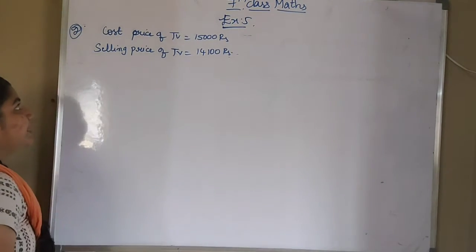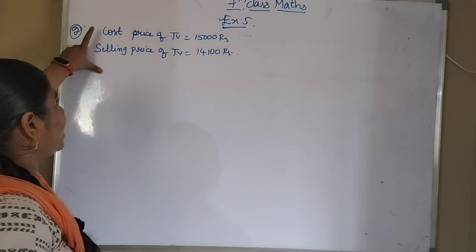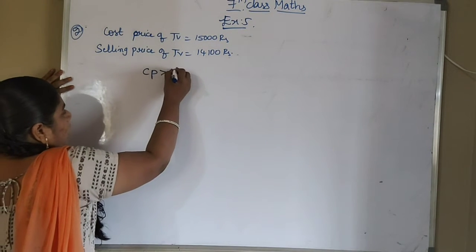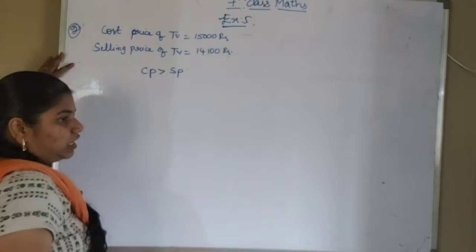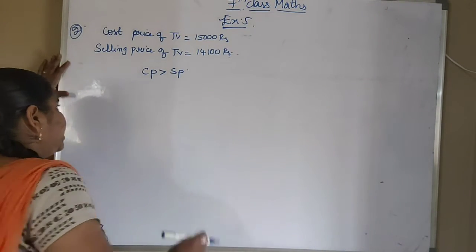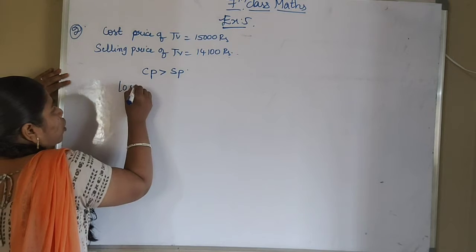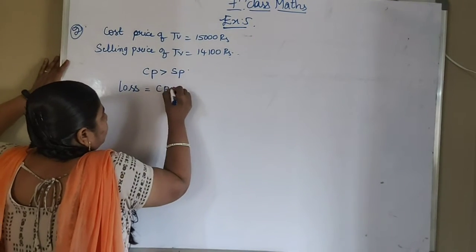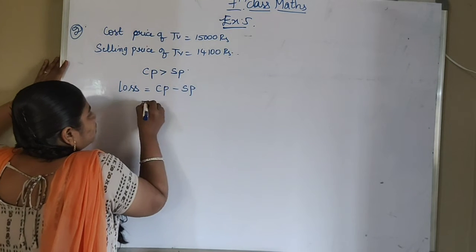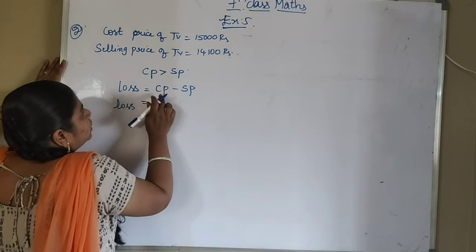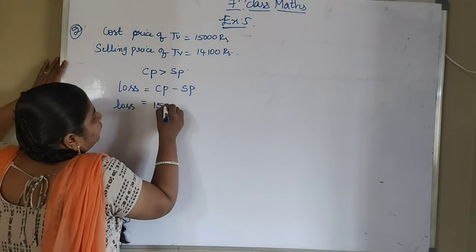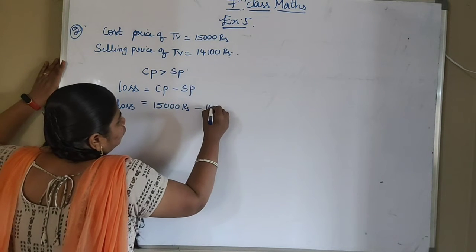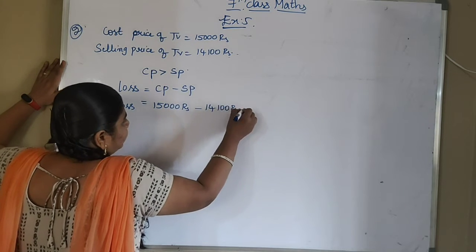So in this case, the selling price is less than the cost price. That is, CP is greater than SP. If CP is greater than SP, that will be what? Loss. How to find the loss value? That is CP minus SP. So loss is equal to, CP is how much here? 15,000 rupees minus SP, which is 14,100 rupees.